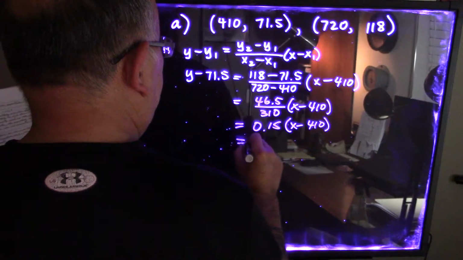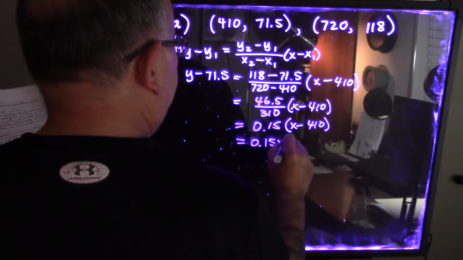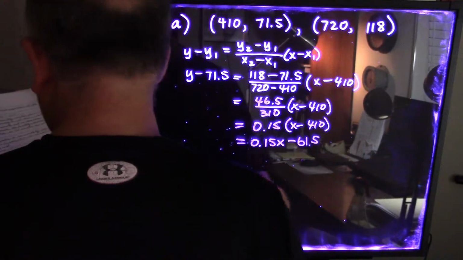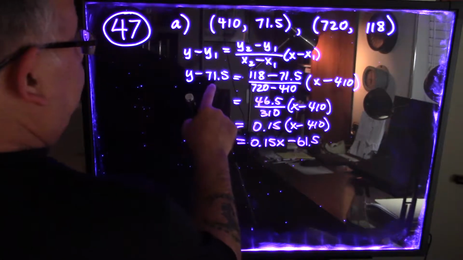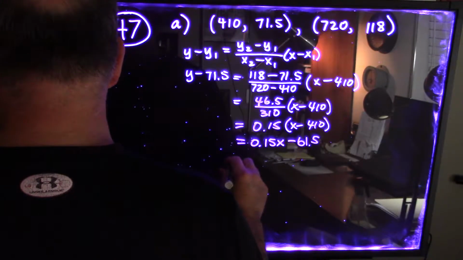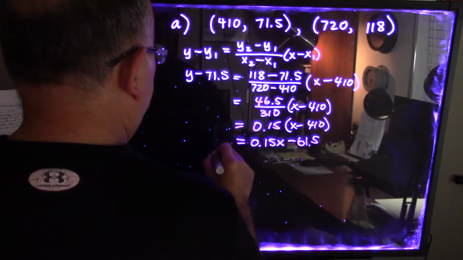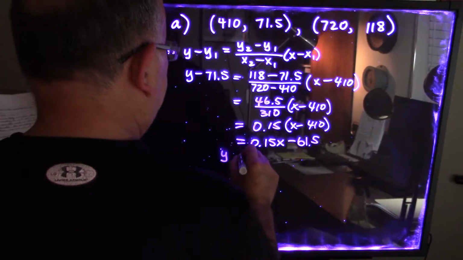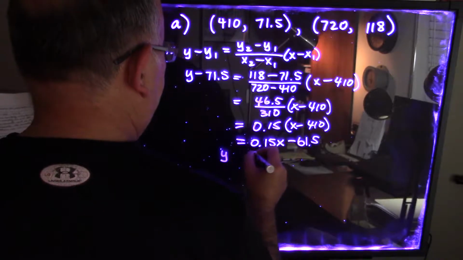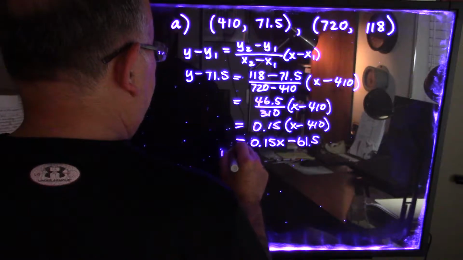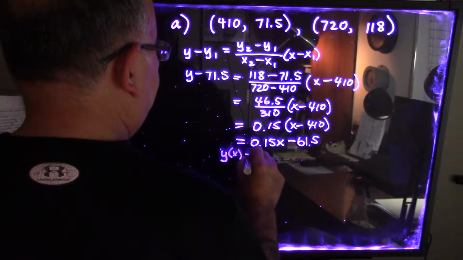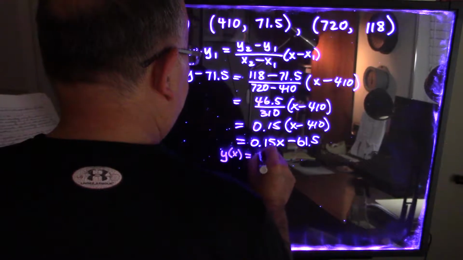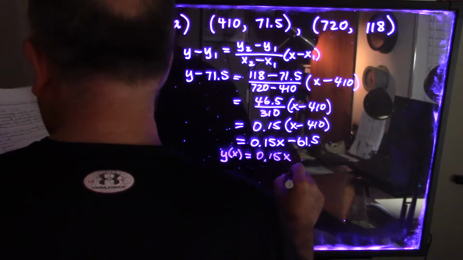Distribute that through and you've got 0.15x minus 61.5. Then you add 71.5 to both sides of the equation, and you finally end up with y. You could call that y of x as well, y is a function of x, or you can just leave it y, equals 0.15x plus 10.